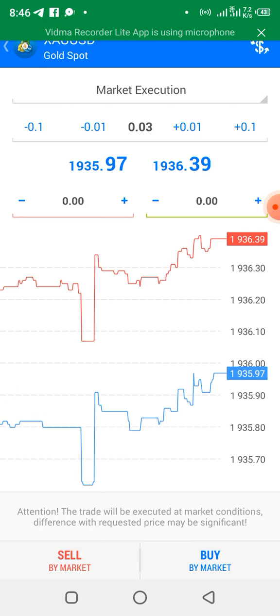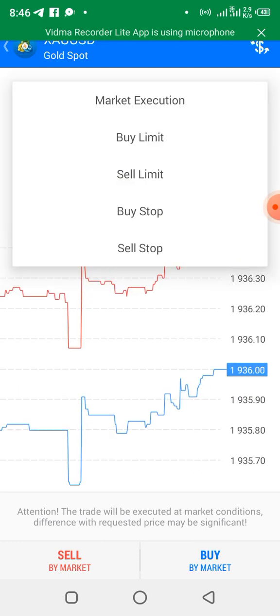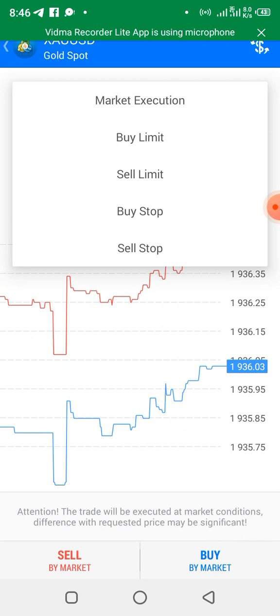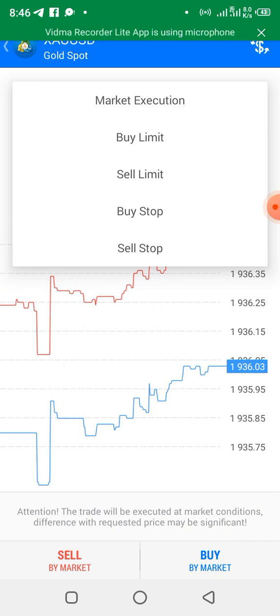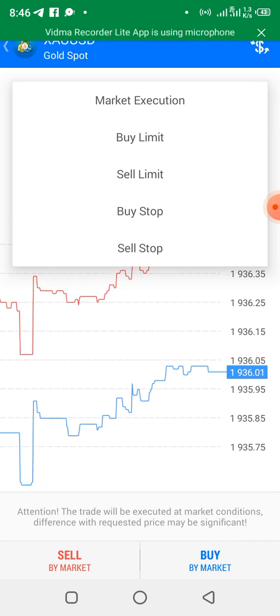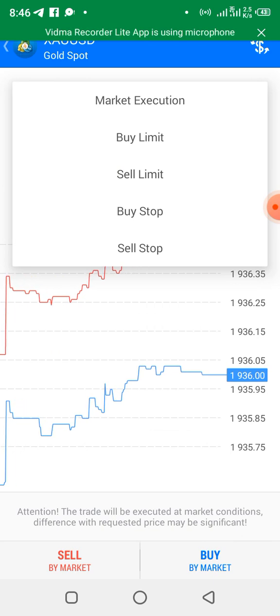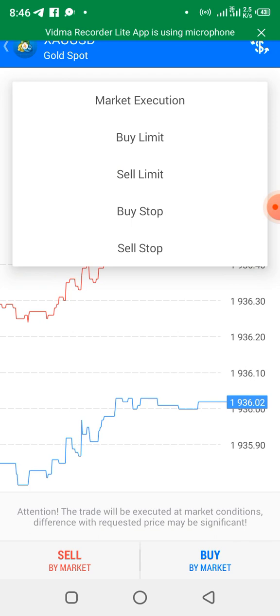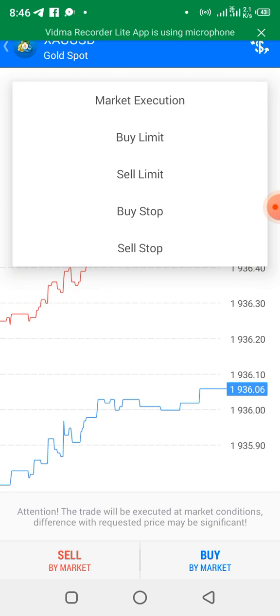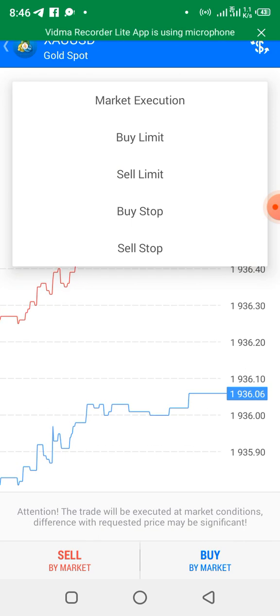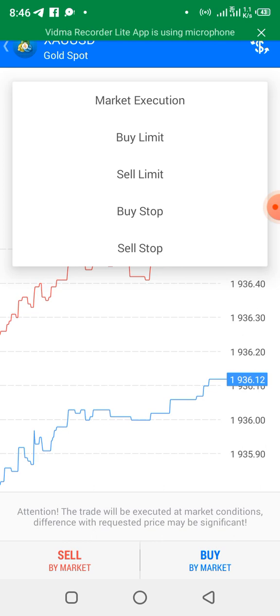You can see market execution. Tap there. When you tap there, you will see the other ways to open a position in the market. The other kinds, we have buy limit, we have sell limit, we have buy stop, we have sell stop. So let's begin from buy limit.